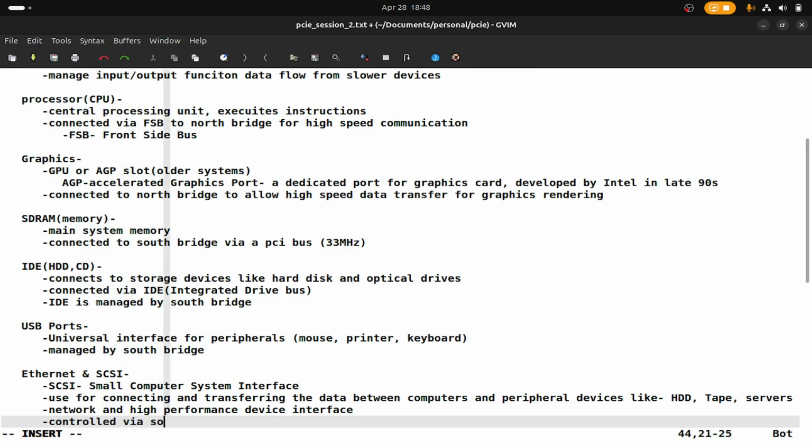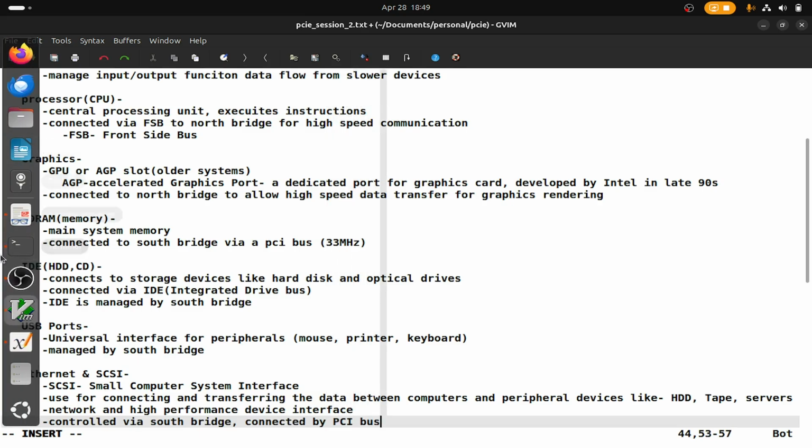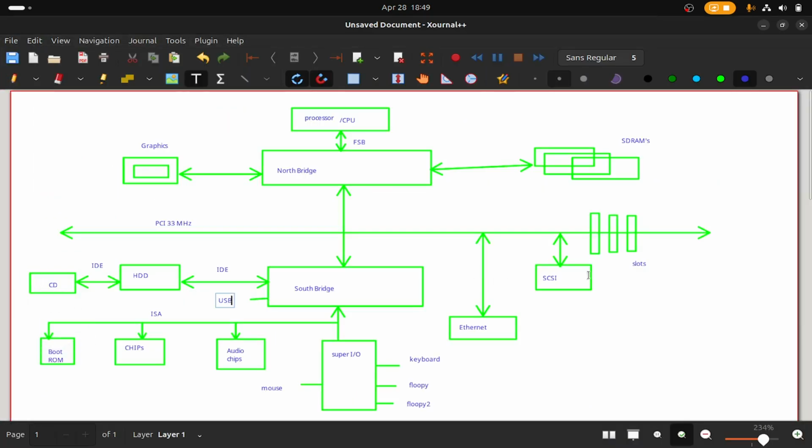Controlled via Southbridge, connected by PCI bus. Fine. So again, here the Ethernet and SCSI ports are there, which are connected to the PCI bus, and via the PCI bus they are connected towards the south bridge as well as the north bridge.